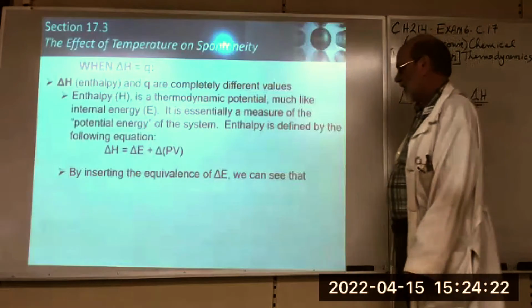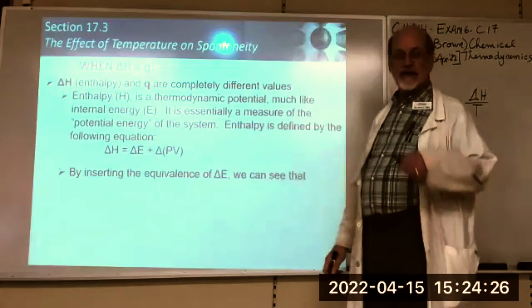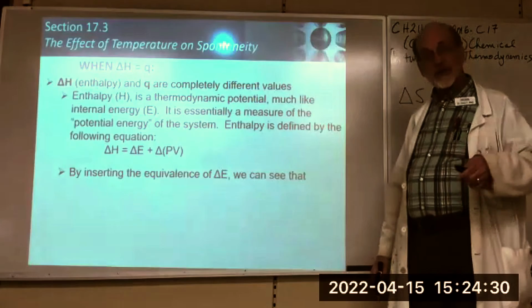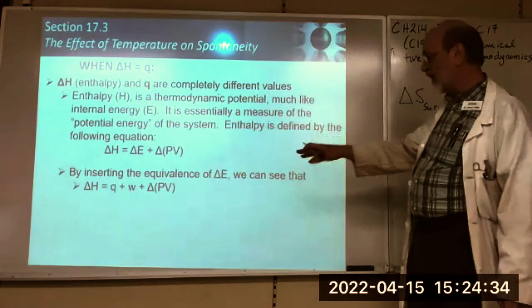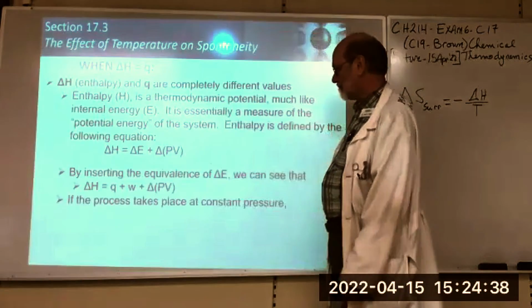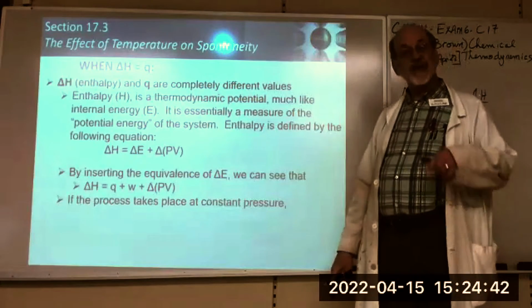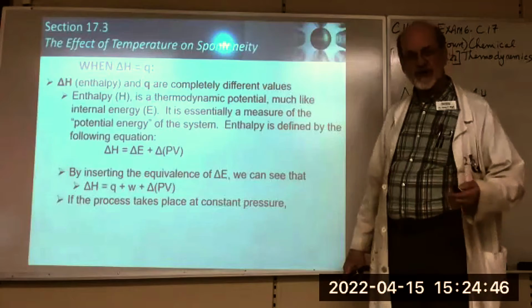Okay? So, but what is delta E equal to? Remember, we saw that in thermochemistry. Delta E is equal to Q plus W, heat plus work. So we substitute that in here. Now, what if the process takes place at constant pressure?